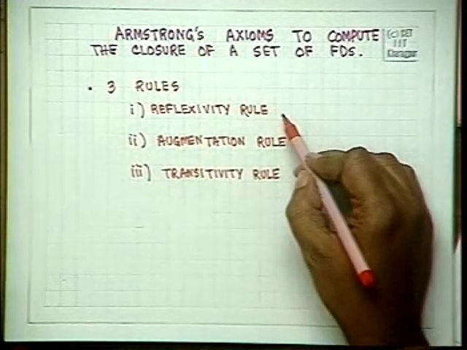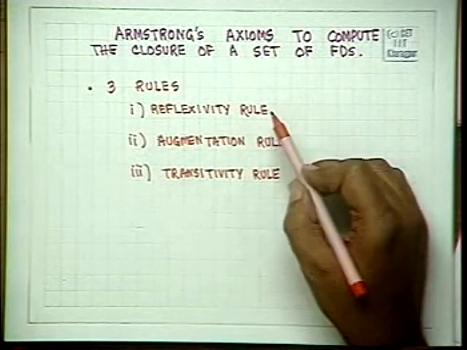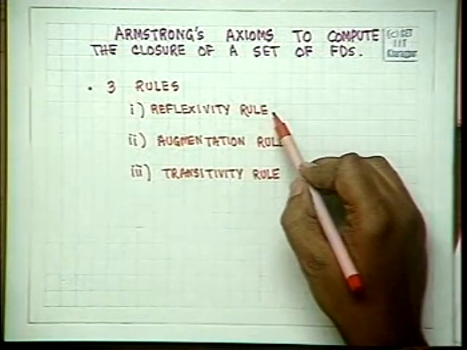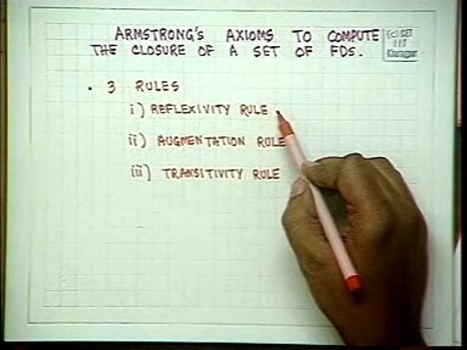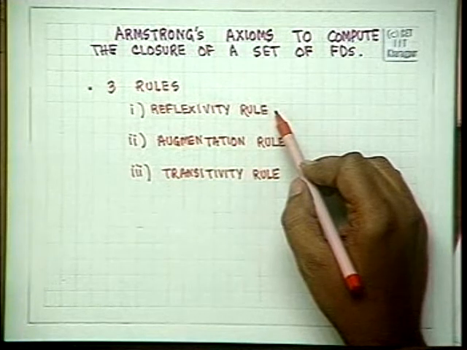Each rule suggested how, given a set of functional dependencies, the rule may be applied to generate one or more new functional dependencies which are logically derived from the given set.